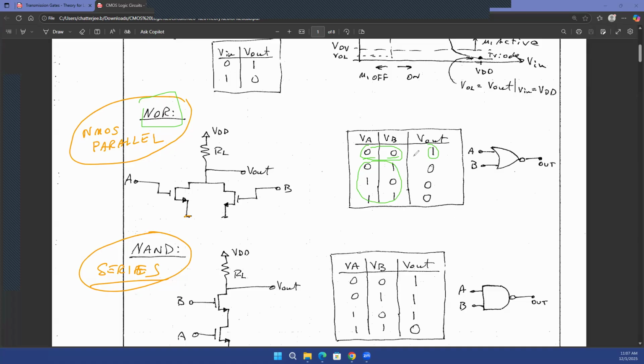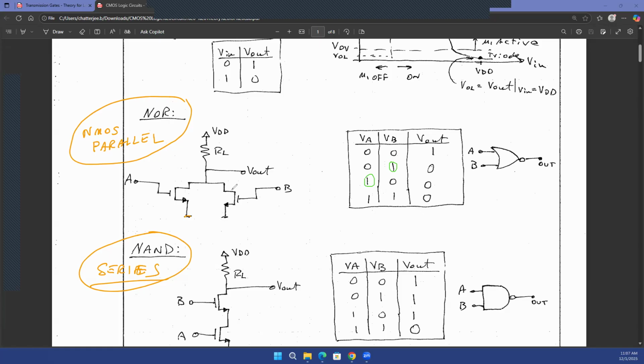All right, so how do I implement this? The way you can think about it is that if one of my inputs is on, let's say the voltage at B is high or the voltage at A is high, I want to discharge my output capacitor, right? And if you think about it in that way, the logic implementation becomes very easy.